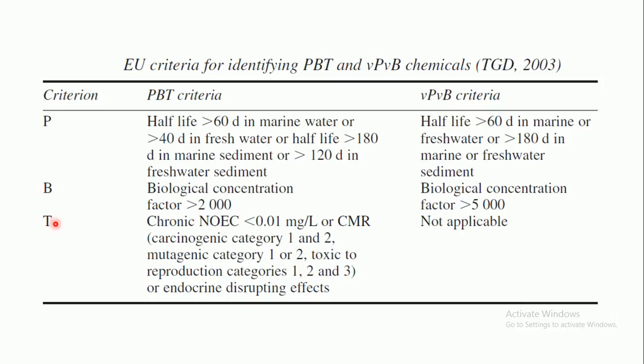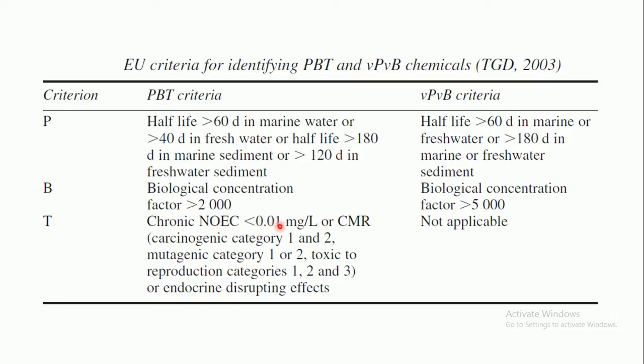Whereas you categorize this substance as T, that is toxic, when the chronic NOEC, that is no observable effect concentration, is less than 0.01 milligram per liter. You can imagine the concentration, it's very low, right?